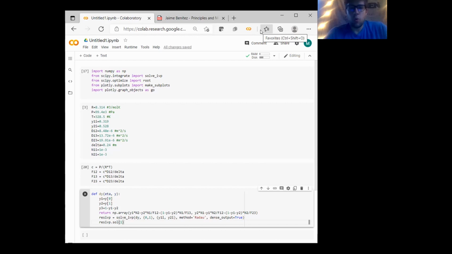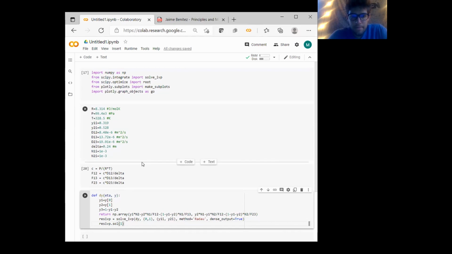Okay, so we know that the mole fraction must be 0 when eta is 1. We know this because there's so much air at the top of this tube that we have so little of the acetone and methanol. Eventually it's just going to converge to 0, which means that at 1, the mole fractions should be 0 if our guesses are correct.